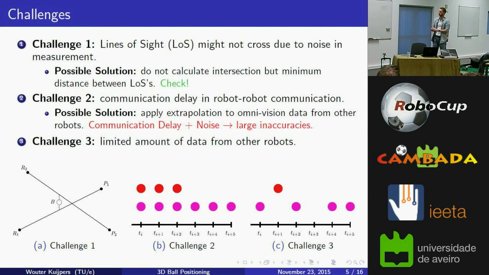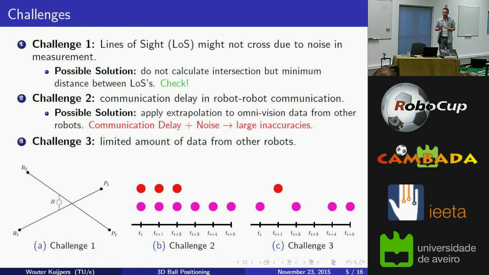We're more looking for the minimum distance between the two lines of sight, and then on the midpoint of that minimum distance line, or maybe another weighted average, you could say that the ball is located at that point. That's already solved, but the more challenging part is the communication between robots, because we need to combine Omni-Vision data, and this requires communication.